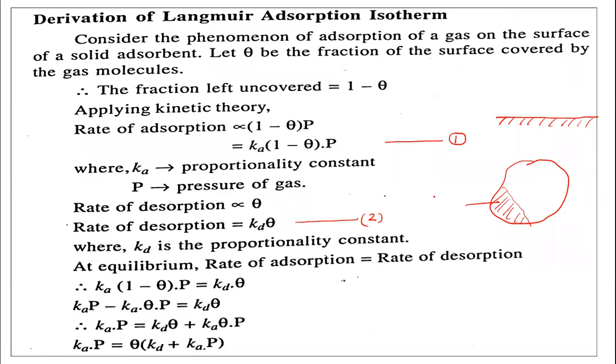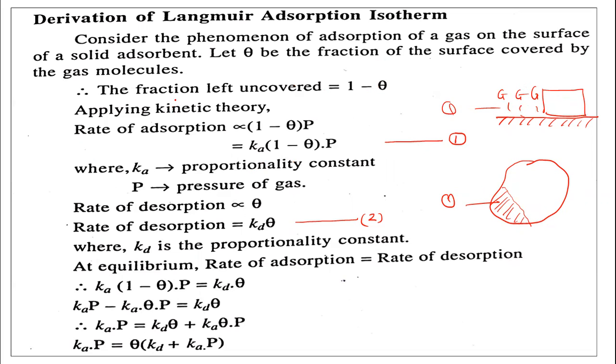This is called theta, and this is the remaining surface area. The rate of adsorption will depend upon the uncovered surface area of the adsorbent.